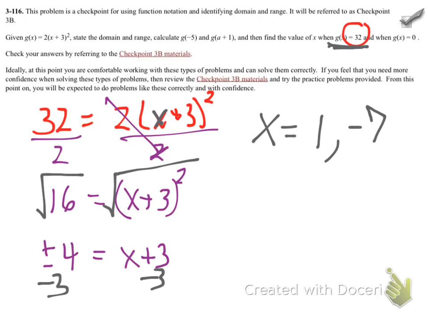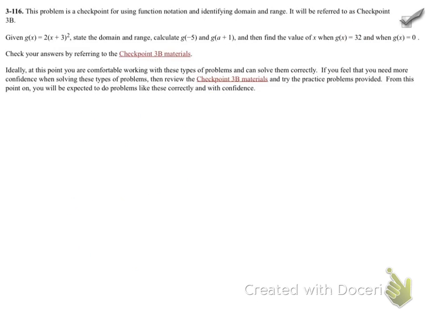The very last part of this problem is when g of x equals 0. I'm going to set up the exact same way, but instead of using 32 here, I use 0. So 0 equals 2 times x plus 3 squared. Same steps as before.